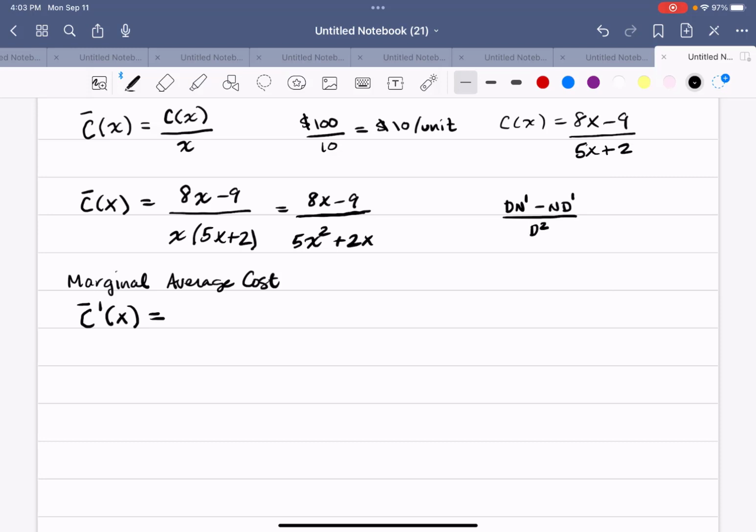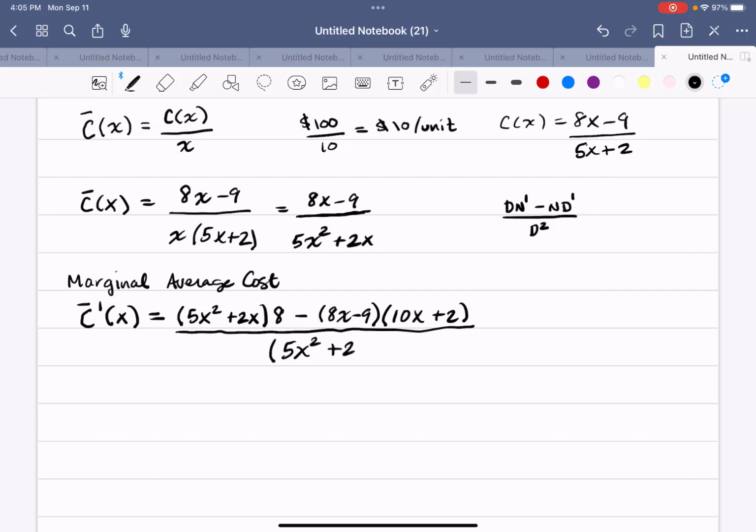So my denominator is 5x squared plus 2x. The derivative of the numerator is 8, minus the numerator, 8x minus 9. And all of that is over (5x squared plus 2x) quantity squared. So now I have to distribute this 8 and fold these two binomials.